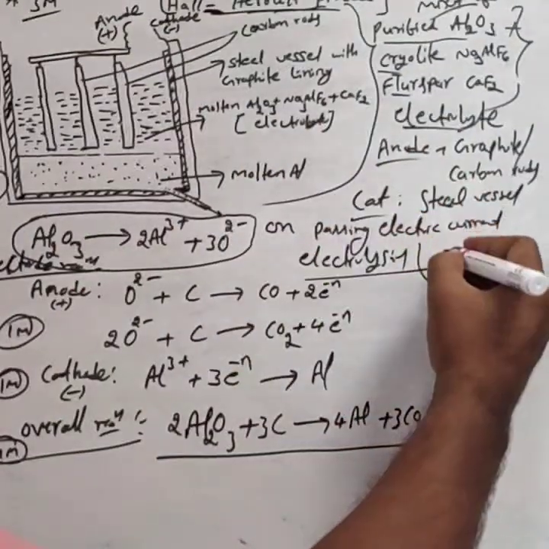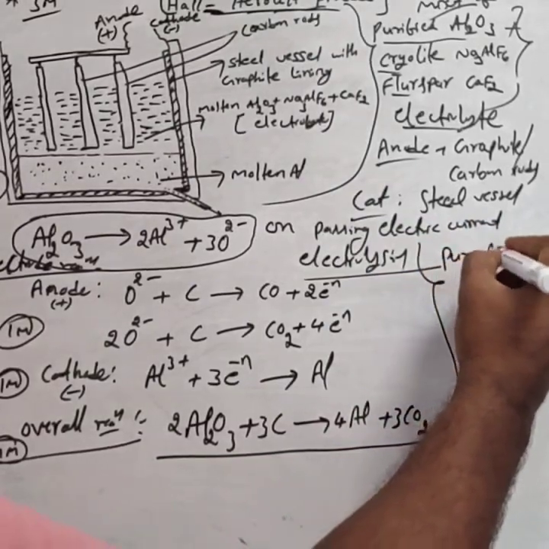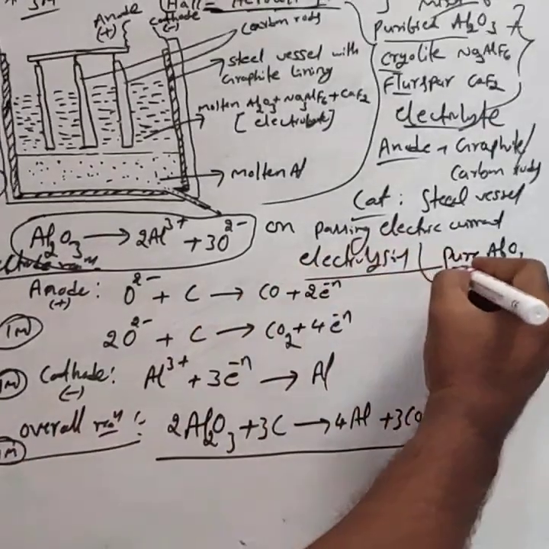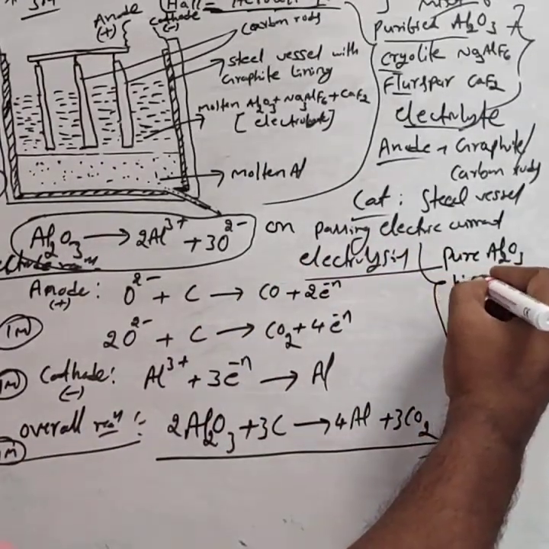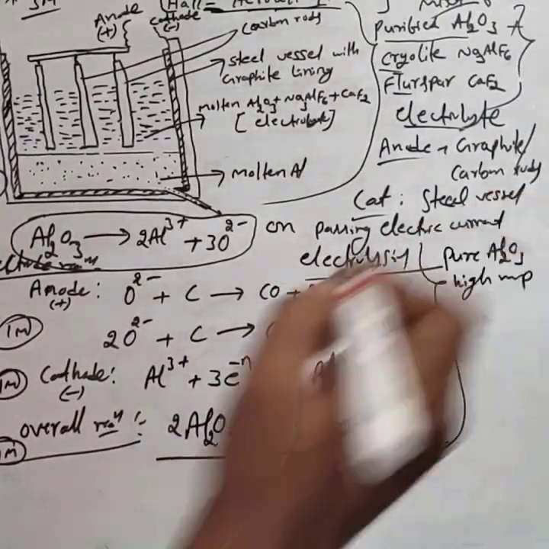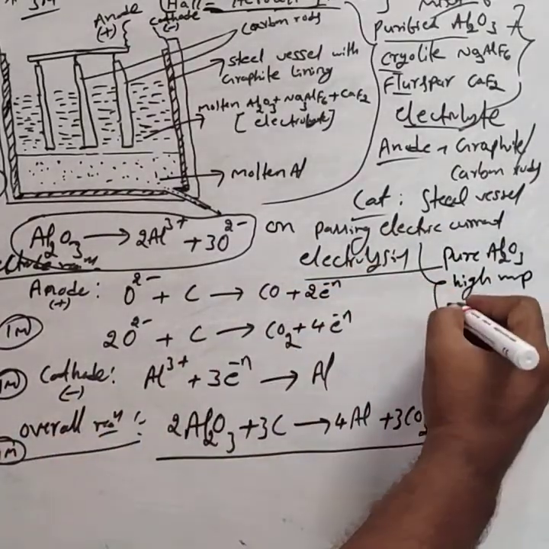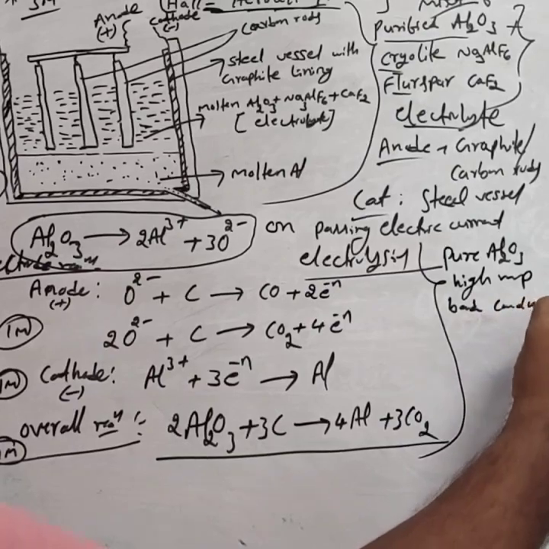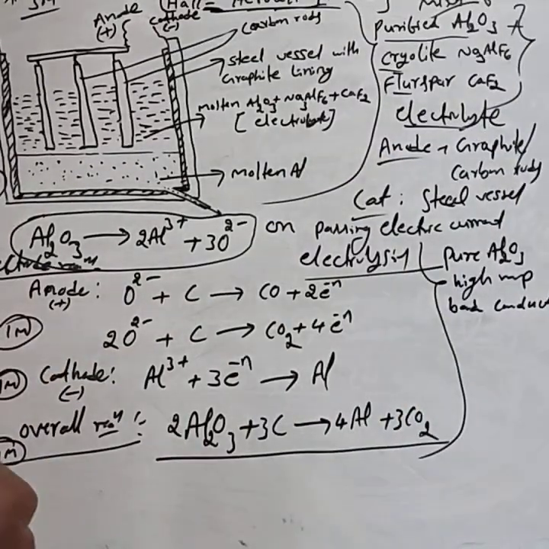Pure alumina, Al2O3, has a high melting point and is a bad conductor of electricity.